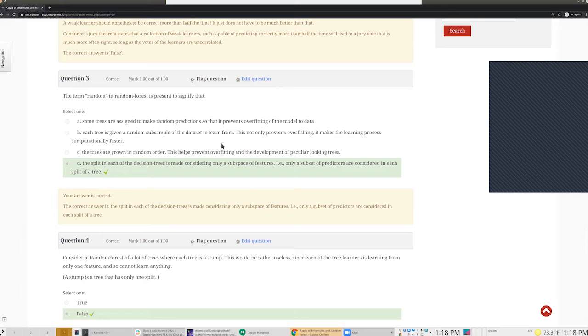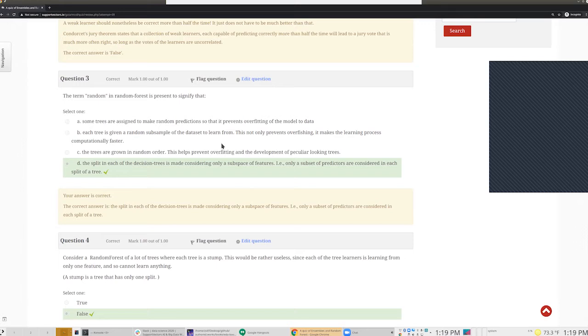Here, when a tree is about to split, it has to choose which of the features it will split along. You don't let it choose from all the features. You let it choose from only a small random subset of features. That is a random subspace. In other words, you limit its knowledge to a random subspace of the feature space. That is where the word random comes from.